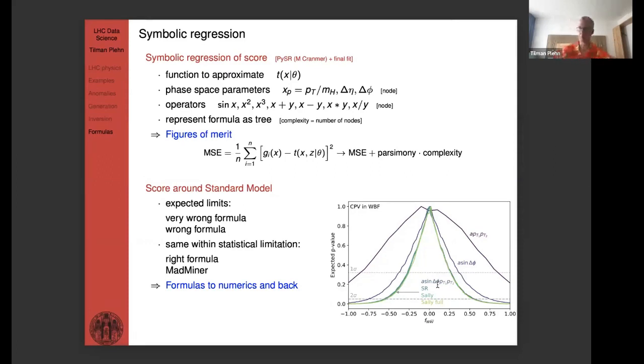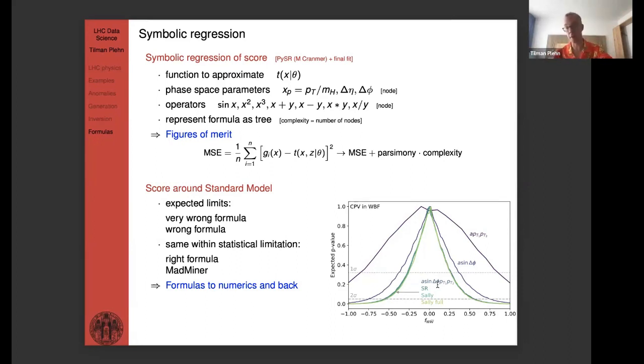So I can calculate these optimal observables, but maybe it's too hard, in which case I can look at the data, and instead of calling a very, very complex numerical function, I can write a one-line formula. And that one-line formula I can put in, it reproduces the performance, and it also can be interpreted immediately, right?